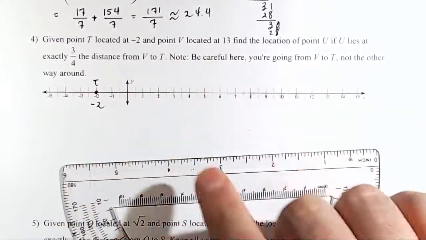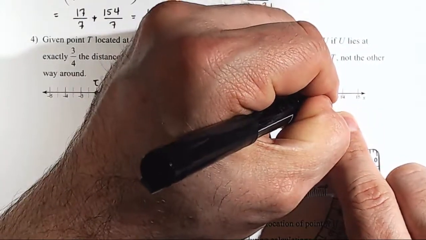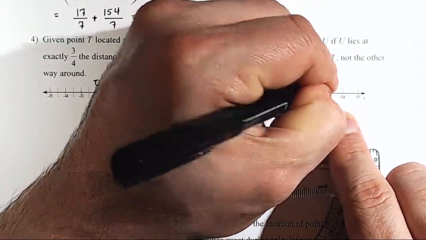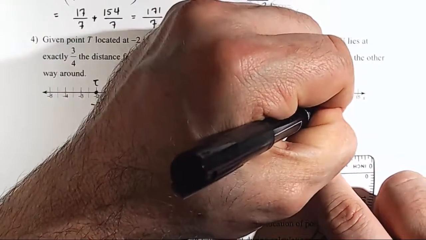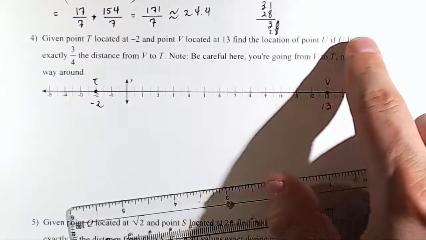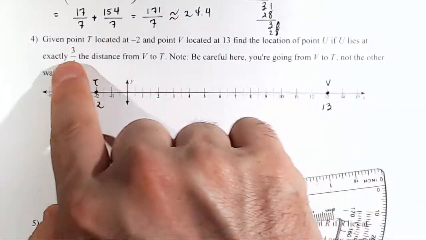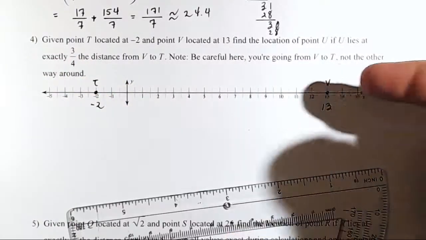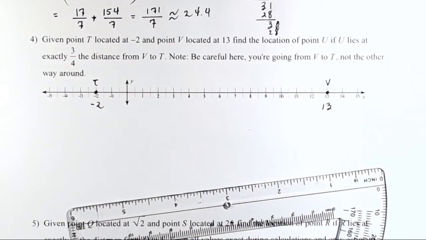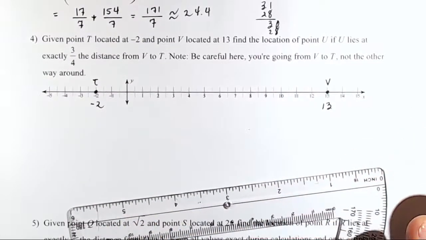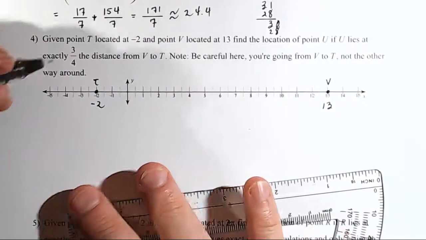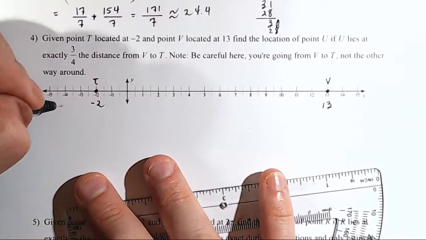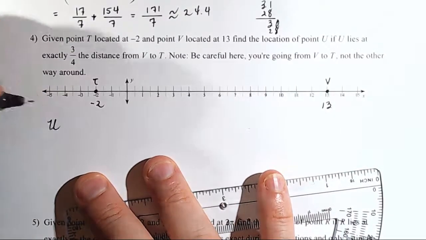And point V at 13. Okay, over here, point V is at 13. Find U if U lies 3/4 the distance from V to T. So we're going that way. Watch out, that only affects the way we solve it in a slight way. So we want to find point U.